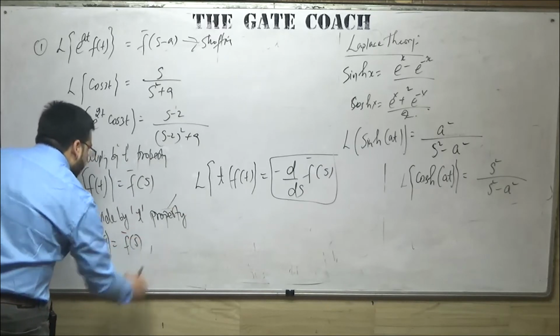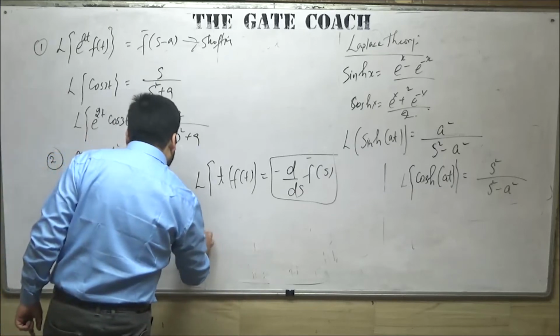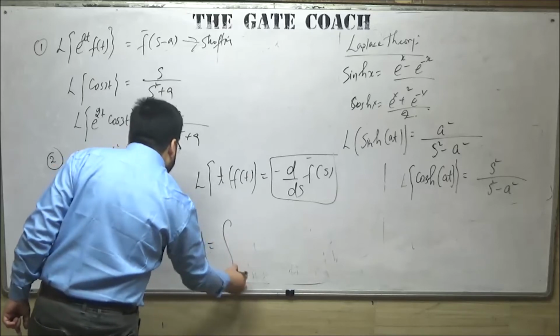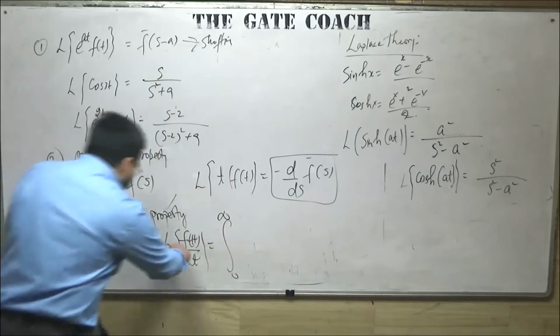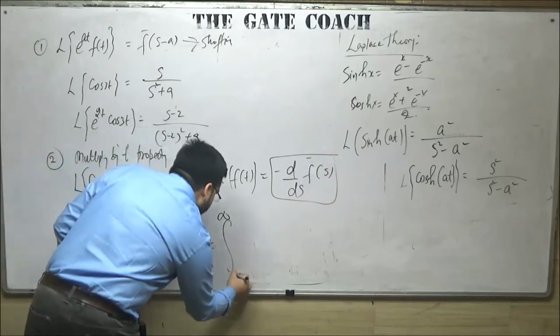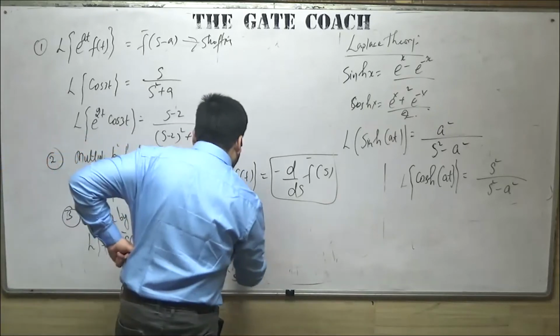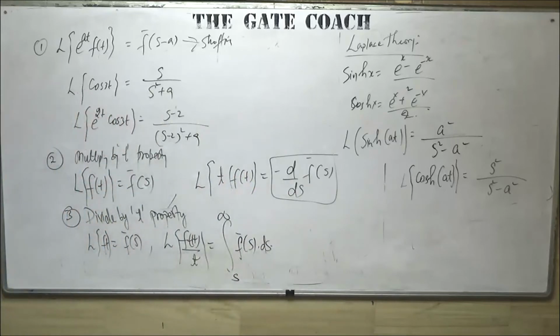Now the Laplace transform of f of t divided by t will be equal to the integration from s to infinity of f bar s ds. That is the divide by t property.